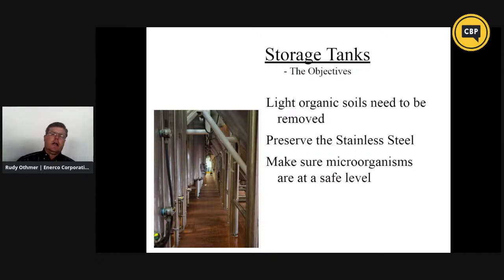Almost all organic, very little inorganic, at least very little inorganic that is stuck on the tanks, because they're low temperature. We're not actually doing any boiling per se there. But again, we need to preserve the stainless steel, or preserve the materials of construction, and make sure our microorganisms are at a safe level.